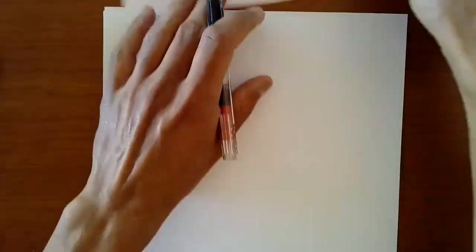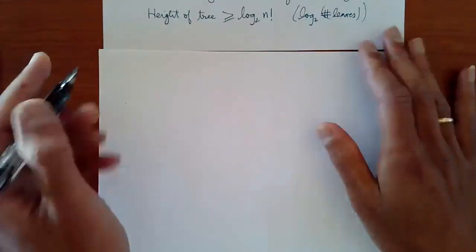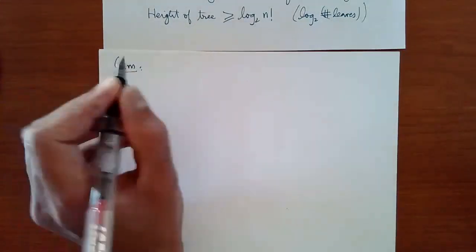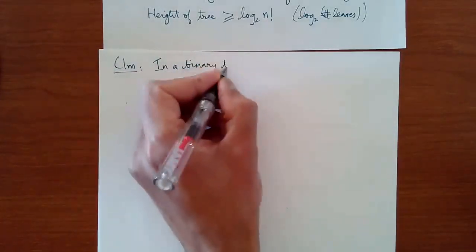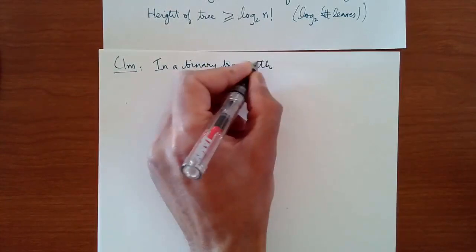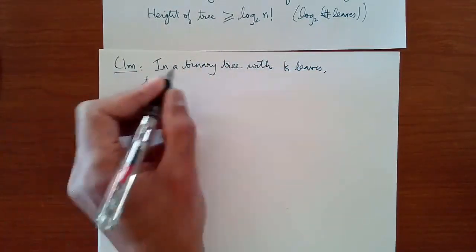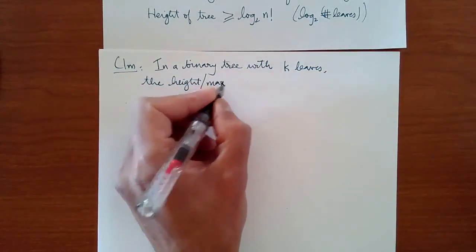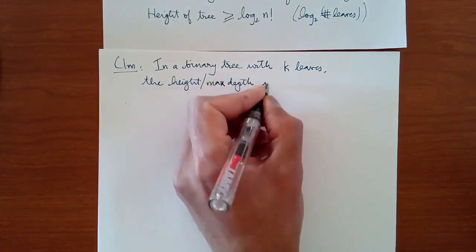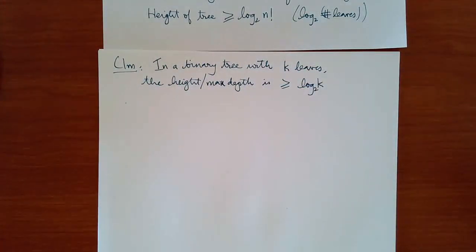Okay, so I'm just now going to state something here as a claim, which you can easily prove by induction. The claim is, in a binary tree with k leaves, the height or max depth or whatever you want to call it, it's all the same, is at least log base 2 of k.